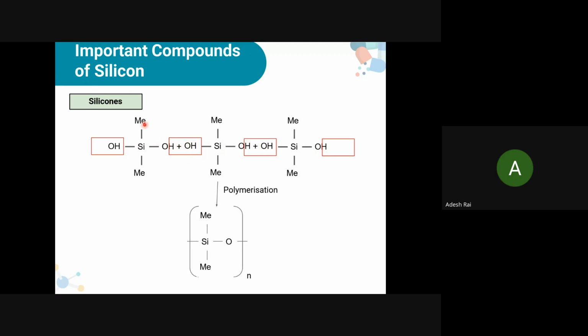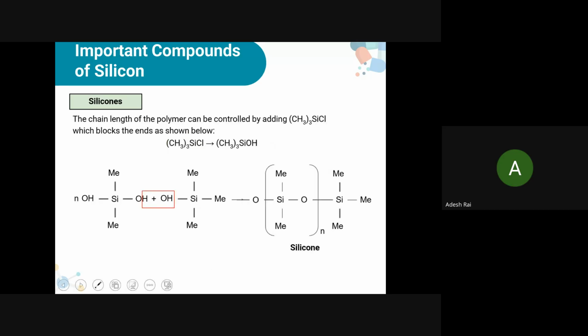So this and this will be attached with each other. And you can see the representation. This is how we represent polymers. Instead of writing the same units again and again, we write it as a polymer. This n represents multiple units. The chain length of the polymer can be controlled by adding CH3 thrice SiCl. What would be the name?